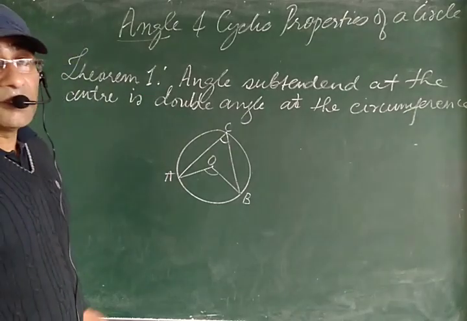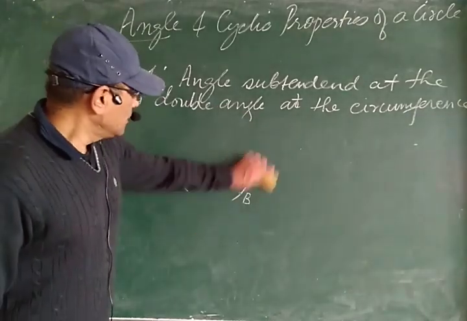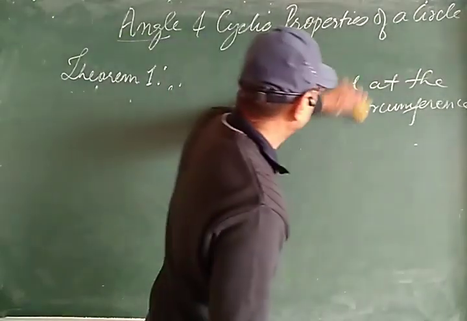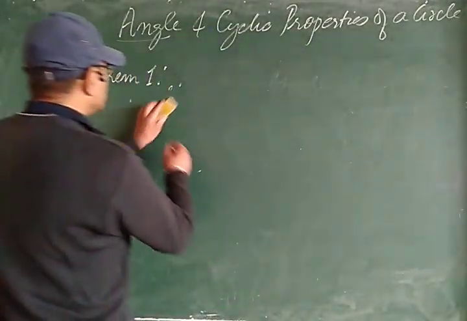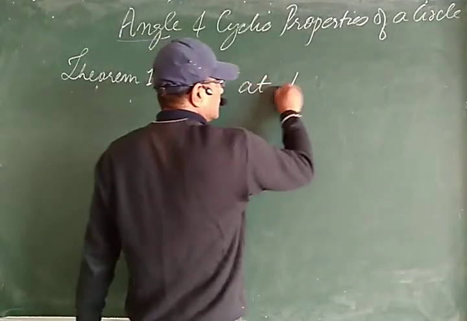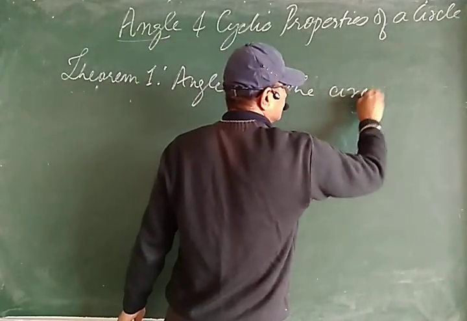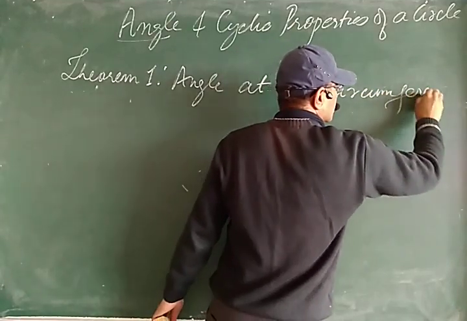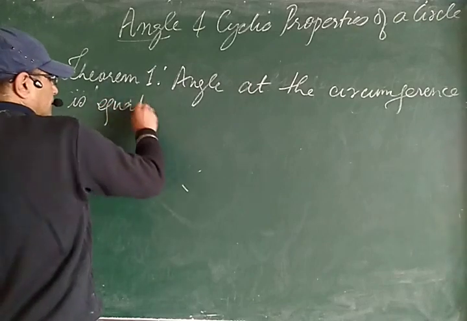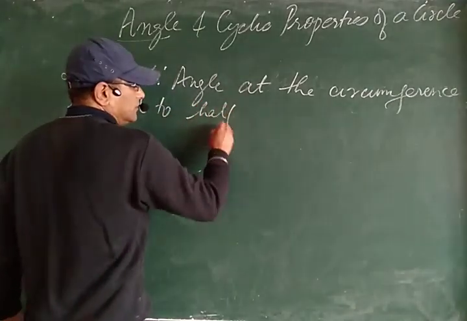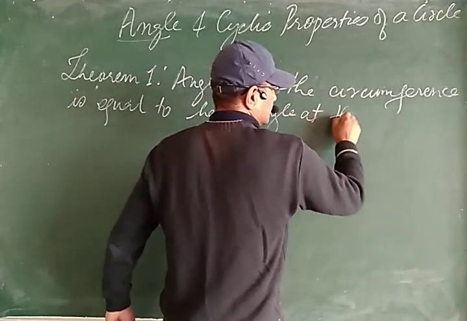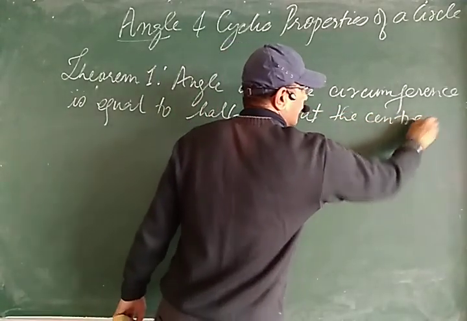That's the first theorem. Okay, now the converse of theorem 1, we can write: angle at the circumference is equal to half angle at the center.